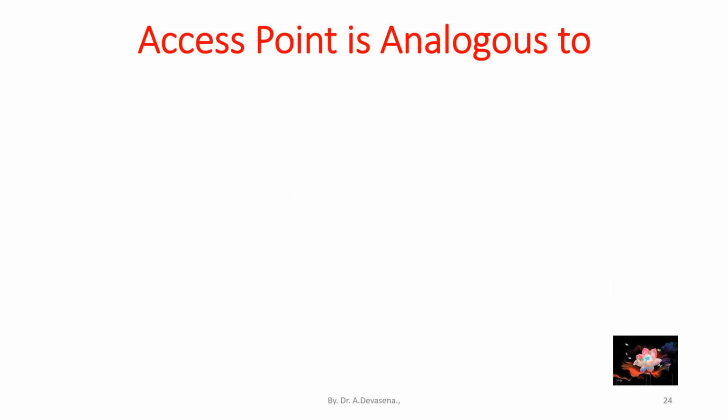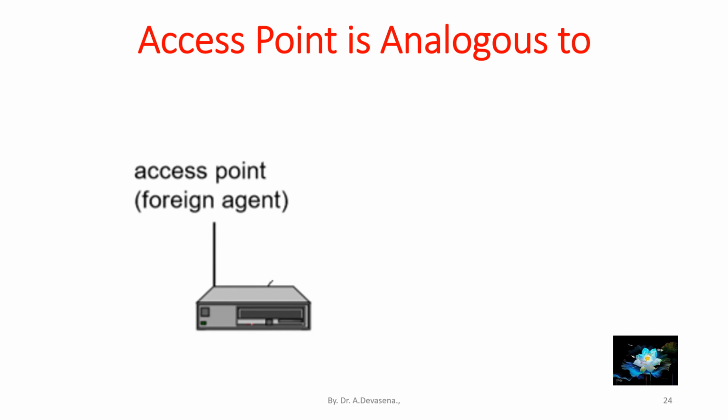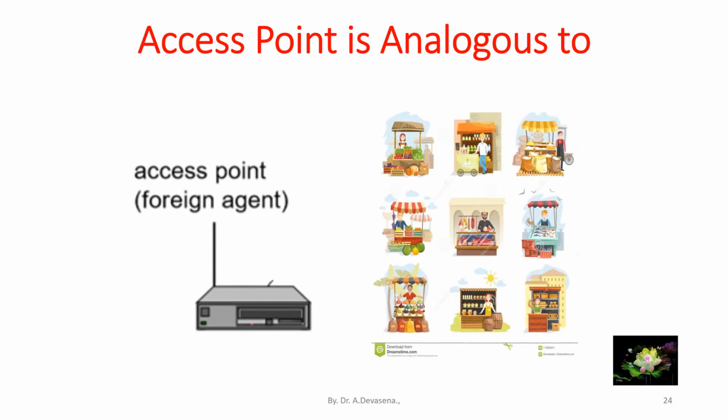The access point in the I-TCP is analogous to the farmer handing over the cultivated products to the merchant. Here, the merchant is acting as a bridge between the farmer and the consumer. The same way, the foreign agent or the access point is acting as a bridge between the standard TCP as well as the wireless TCP portion.